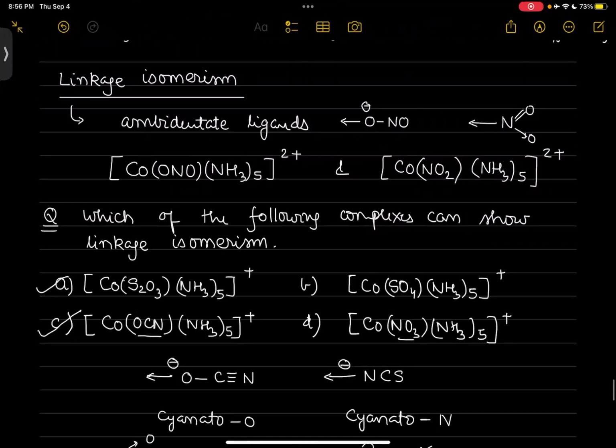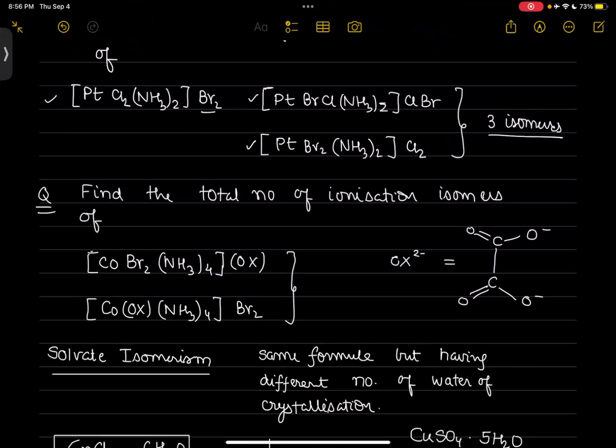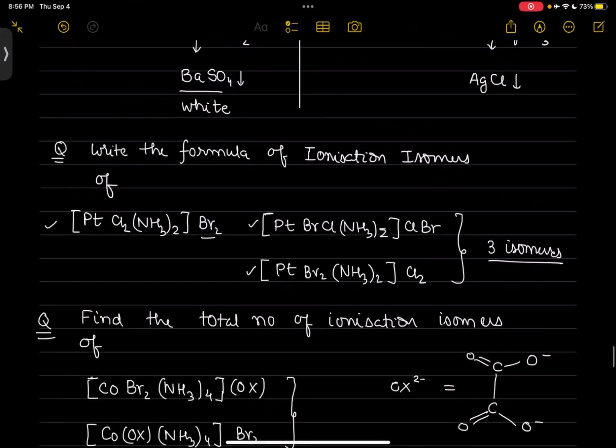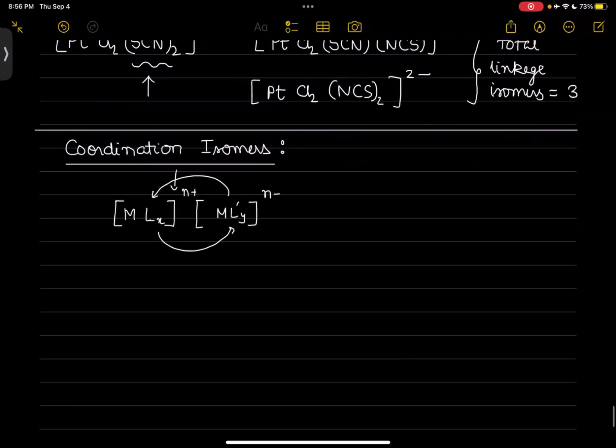In ionization isomers, you have only one square bracket while the other part is a normal simple anion. This is known as a simple anion, and this is known as a complex anion, or complex cation.